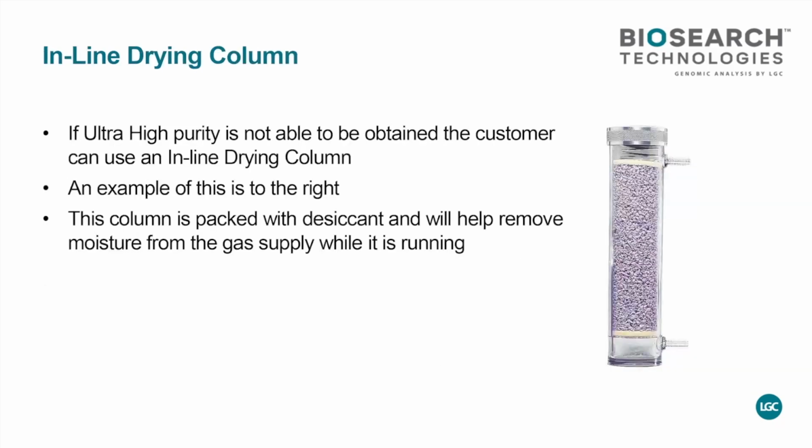If for some reason you cannot source the ultra high purity or low water gas, and you have to go with, for example, house nitrogen, house nitrogen runs at about 300 parts per million. So what you would want to do is get one of those inline filters with a drierite in it.